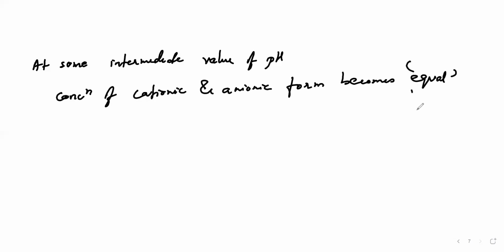So again, what will happen? Cationic and anionic forms becoming equal means there is no migration. And if there is no migration, you get something which is called as isoelectric point.